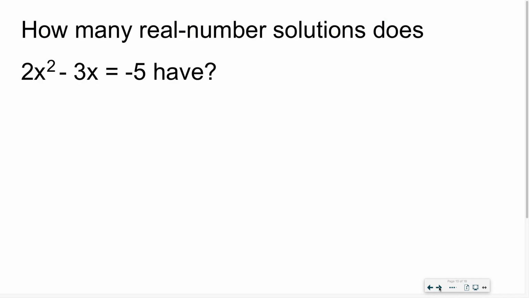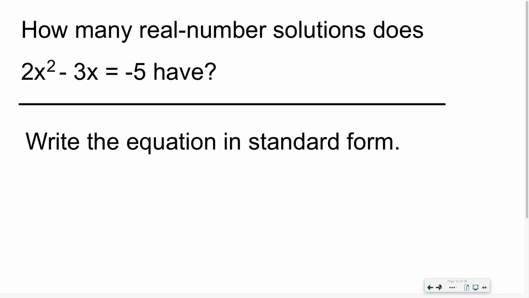So this type of example, what would I need to do in order to figure out how many solutions that quadratic had? Okay, I can find the discriminant. What do I want to make sure of before I start calculating? Standard form. Yeah, I really want standard form. Why?